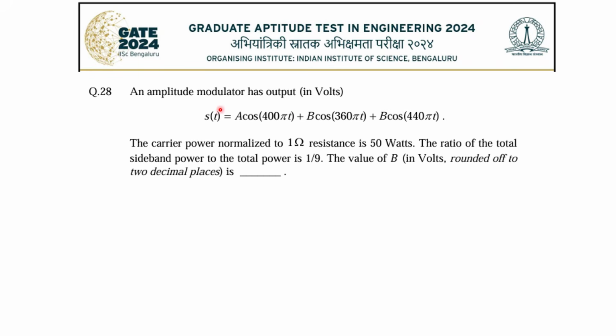First of all, in this question, what is given? An amplitude modulated wave is given. Here you can see the frequencies: 400 pi t, that is omega c, omega is equal to 400 pi, and then omega is equal to 360 pi, and here it is 440 pi. If you find the frequencies, omega is equal to 2 pi f, so the 2 pi cancels out, and it becomes 200, 180 and 220.